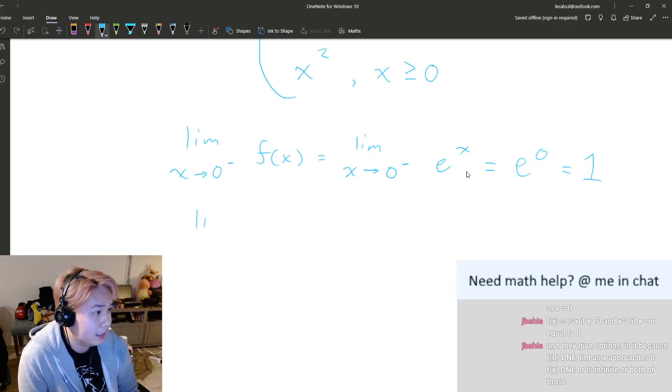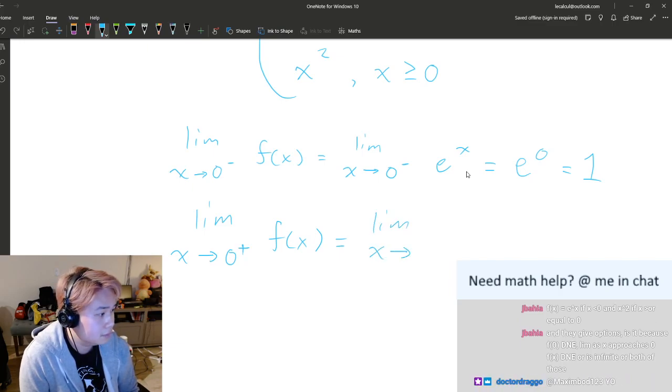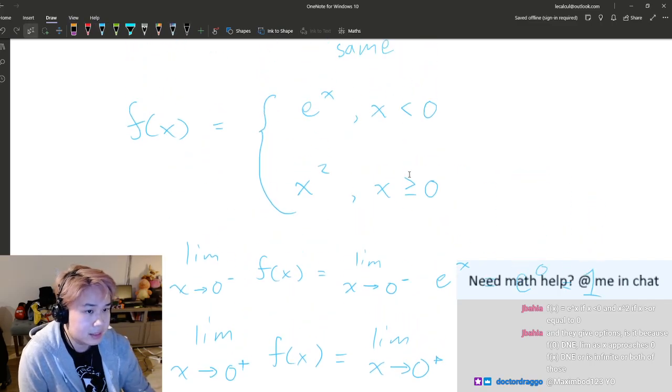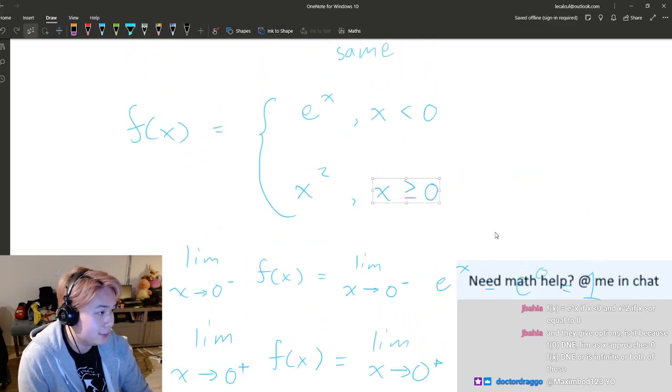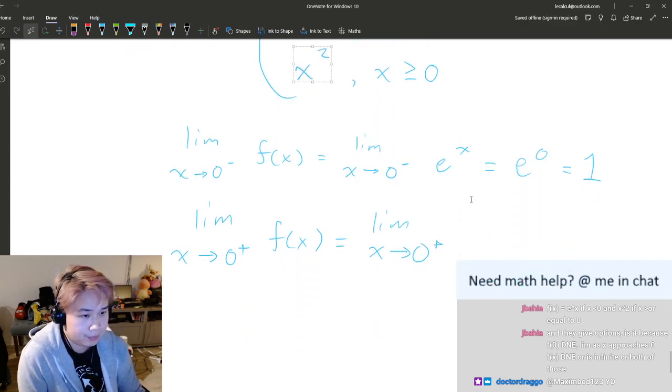Okay, then you need to check the right limit. So again, if x is approaching from the right side, then the function is x squared.